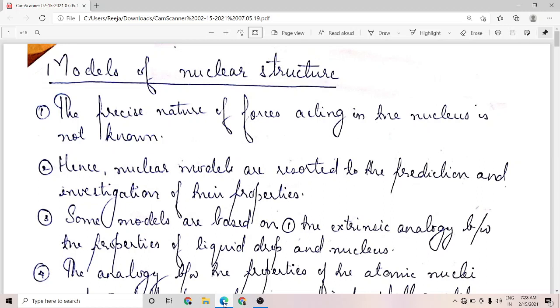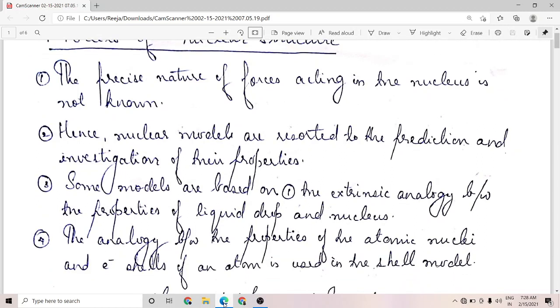These models are chosen based on some extrinsic similarity in the properties between the model chosen and the nucleus. And this analogy between the properties of the atomic nuclei and the model chosen helps us in predicting the properties of the nucleus.